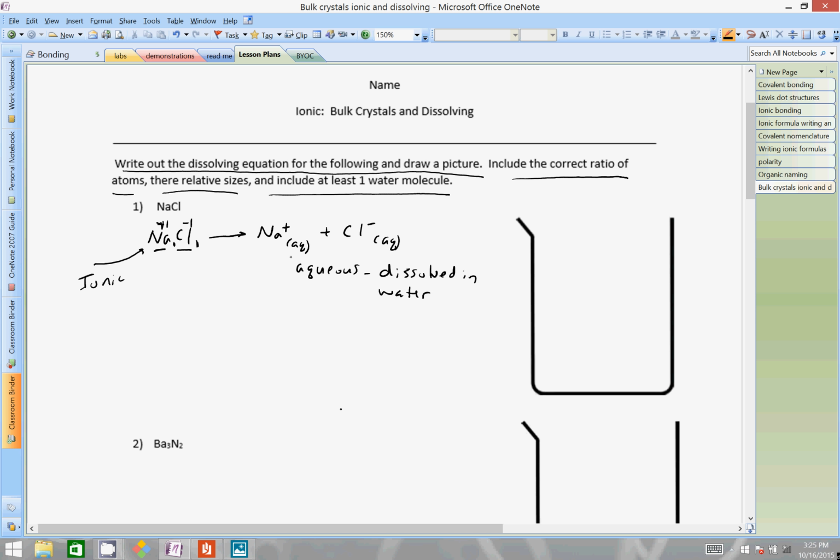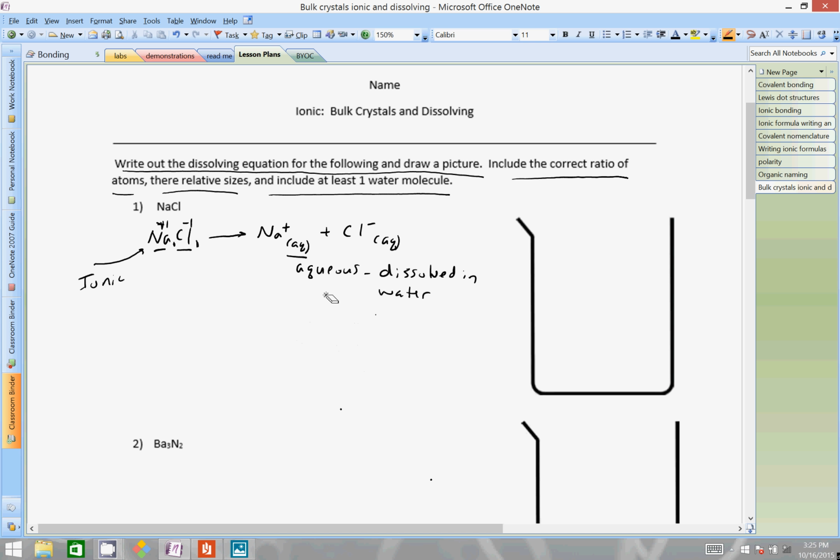Other terms you might see below here, which we're not using at this point but will, are L for liquid, G for gas, and S for solid. Just an FYI. At this point, a couple things that you may want to note.